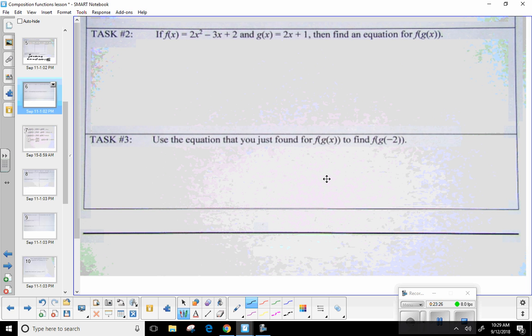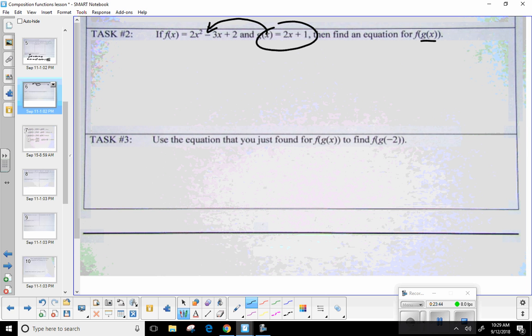If you're given x, you plug one equation directly into the other. Am I going to plug f into g or g into f? There you go. The inside function is what I plug into the outside function.